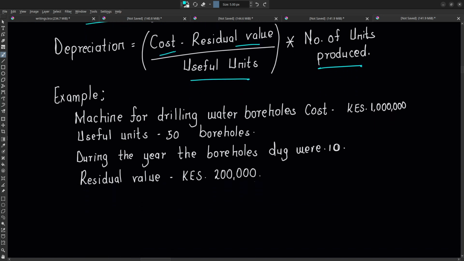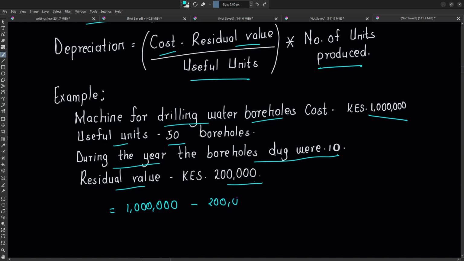So for example, we have a machine for drilling water boreholes that was bought at 1 million, and the useful units that it can produce is 50, and during the year the boreholes dug were 10, and the residual value is 200,000. So our cost is 1 million, the initial cost. Our residual value given is 200,000.